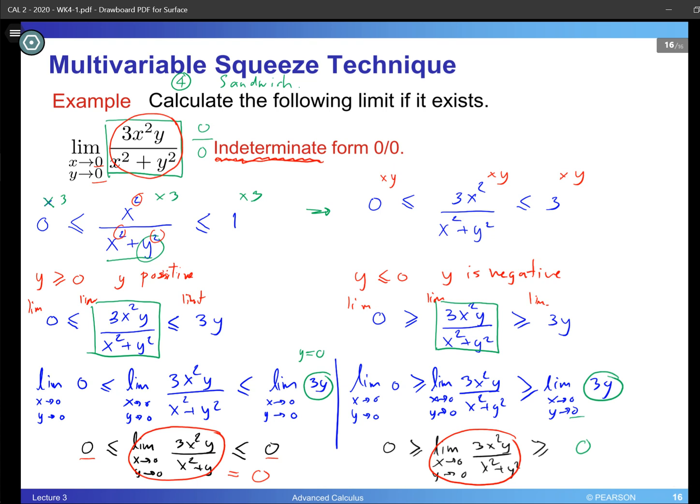And that is the case for y positive. When y is negative, the same thing happened. The limit that we want got squeezed in by two values of 0, one on the left hand side and the other on the right hand side. So in the middle it has to be equal to 0. So the conclusion is that the answer for this example is going to be equal to 0 as the final answer.